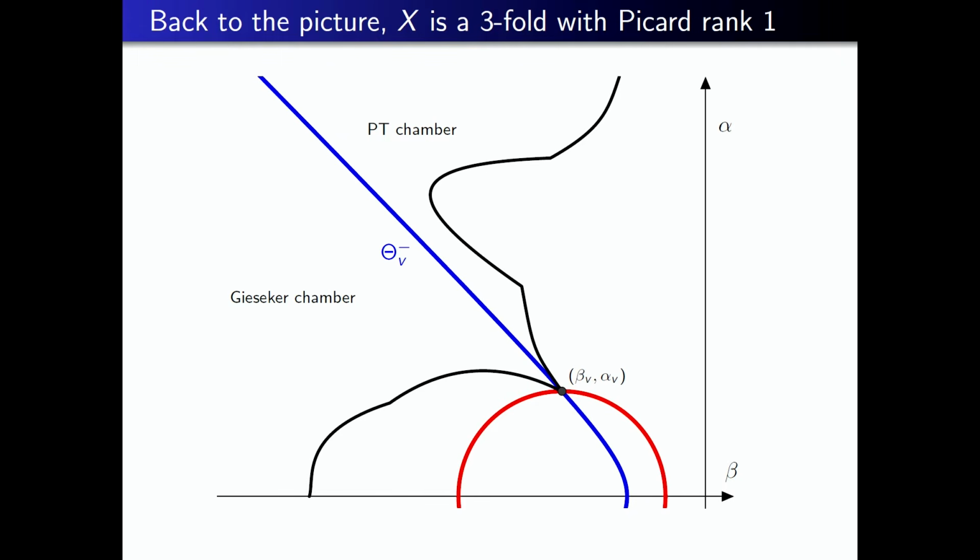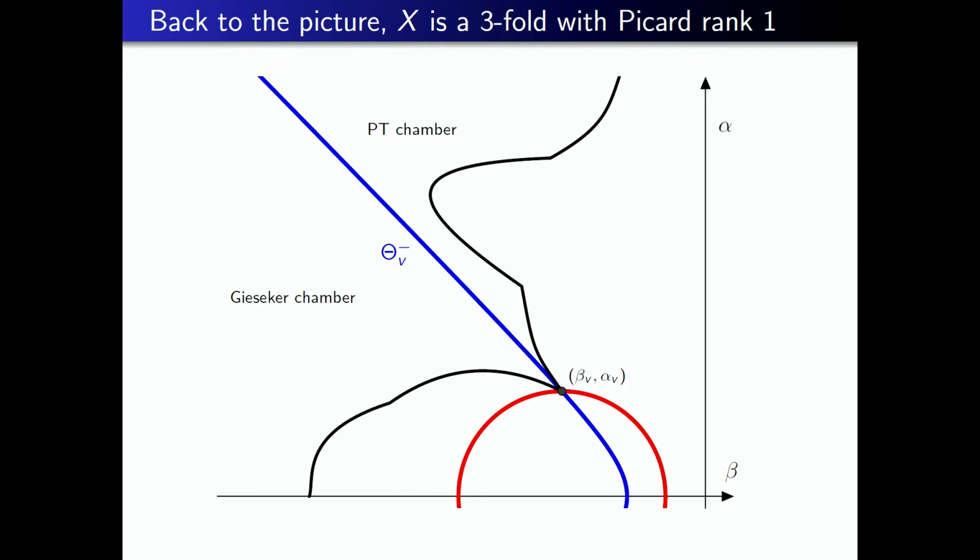In other words, for each of these Bridgeland stability conditions in this region, the Bridgeland stable objects are just Gieseker stable sheaves. Okay? And on top of the blue line, it's the PT chamber, in which Bridgeland stable objects are PT stable objects.